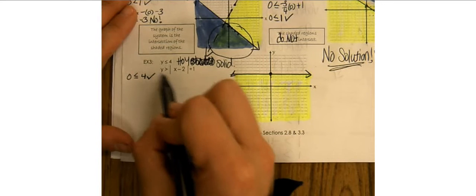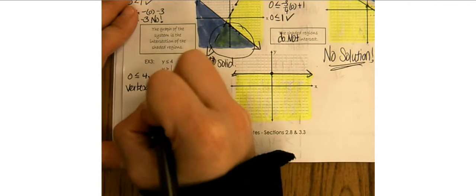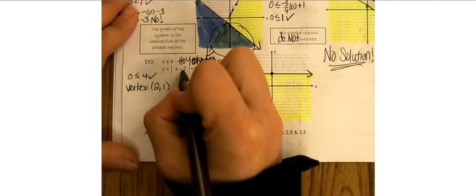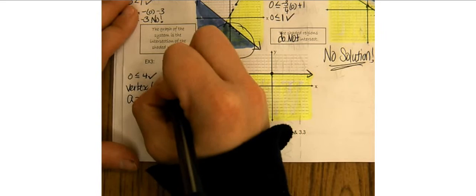Next, I'm going to graph my absolute value equation by first identifying my vertex. In this problem, the vertex is located at 2, 1. It's the opposite of what we see inside and exactly what we see on the outside. And my A value in this case is the number 1. It's an invisible number on the outside of the absolute value.